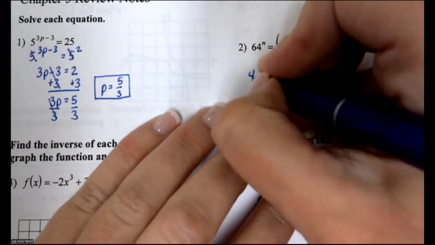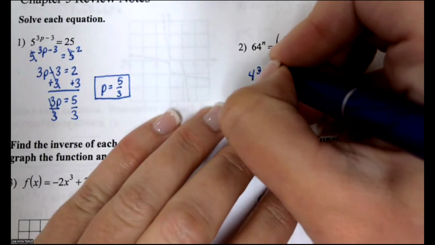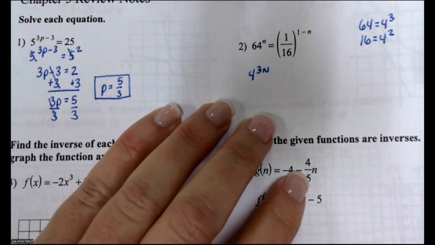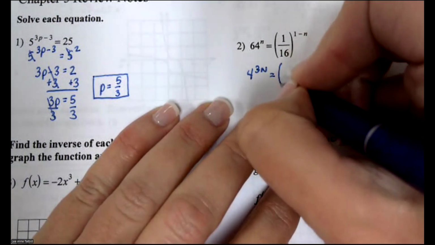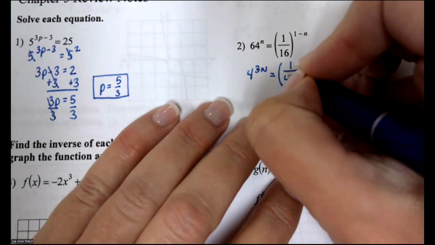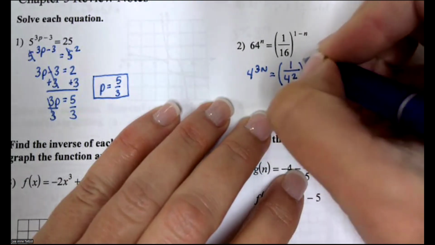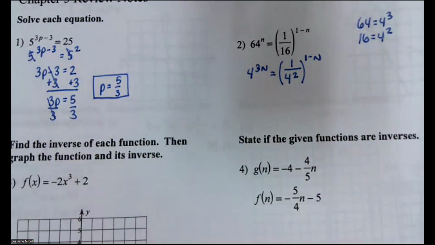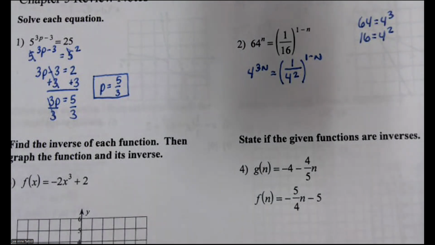So 4 to the third, and then the n gets multiplied on, equals 1 over 4 squared to the 1 minus n. So my first step is to replace the 64 with 4 to the third and replace the 16 with 4 squared.